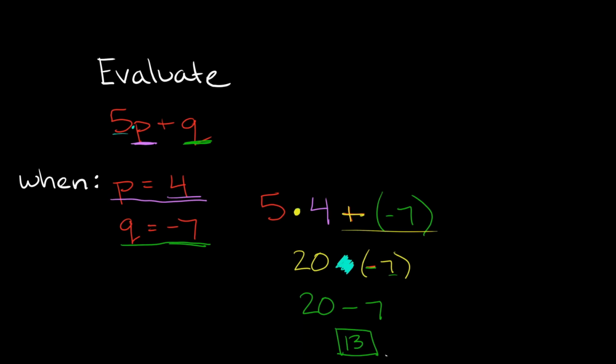Okay, let's do one more problem, and it's going to have an exponent in it. Okay, now let's say you were asked to evaluate x plus y, and we're going to square this thing. And we're also going to say that x is equal to negative 18, and we'll say y is equal to 24. Okay, so I'm being told x is equal to negative 18.